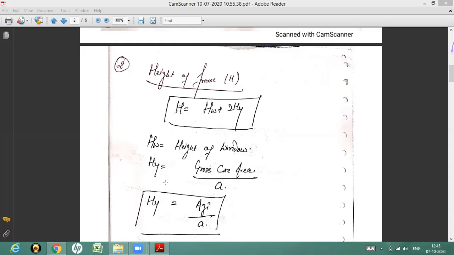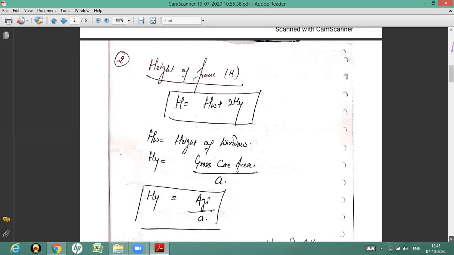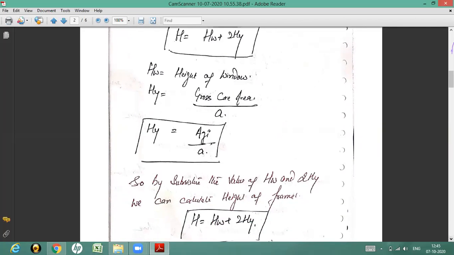What we have to do is simply substitute the value of HW from the previous magnetic frame design, and your HY from this equation, and you can easily calculate the height of the frame, which will be equal to H. So by substituting the value of HW and 2HY, we can easily calculate the height of the frame.